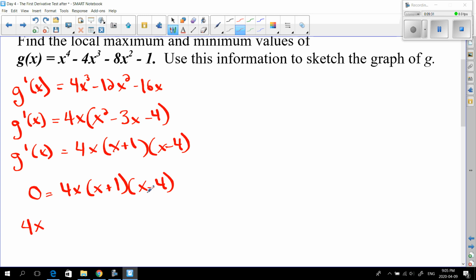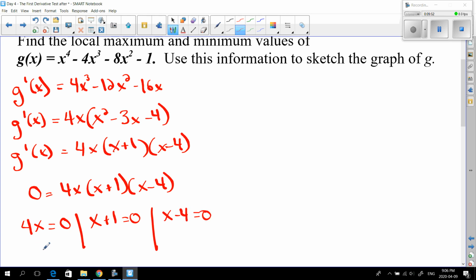This is called the zero product principle. The only way to multiply these three factors together and get an answer of 0 is if one of these factors, the 4x, or this bracket x plus 1, or this bracket x minus 4, has to equal 0. Well, the truth is, it could be any one of those. All right, and you don't have to show this work.